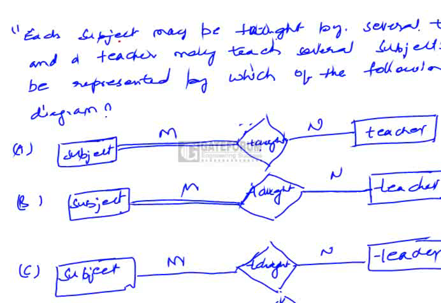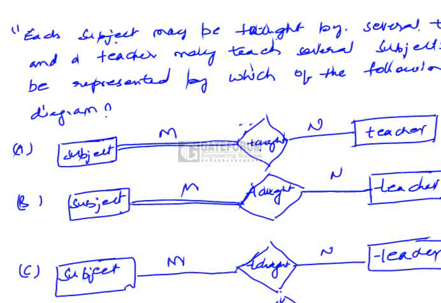If it is total, then the statement should be like this: each subject may be taught by at least one teacher, or else each subject may be taught by one or more teachers. Then the participation of the subject entity set should be total.